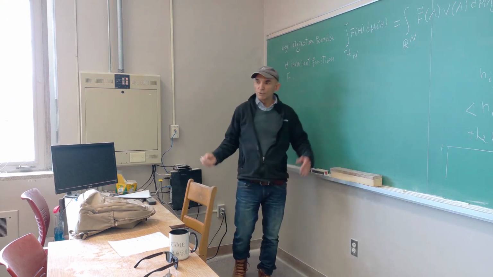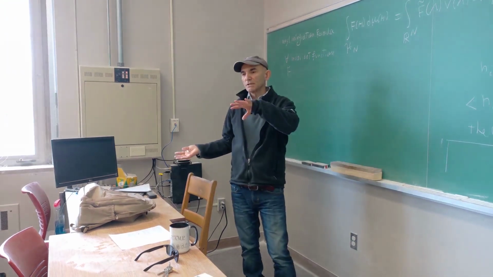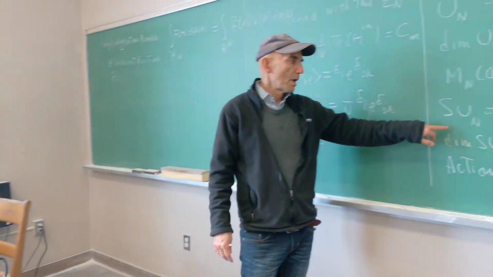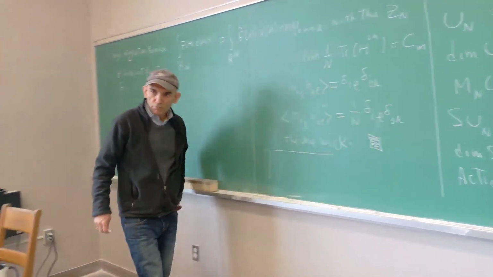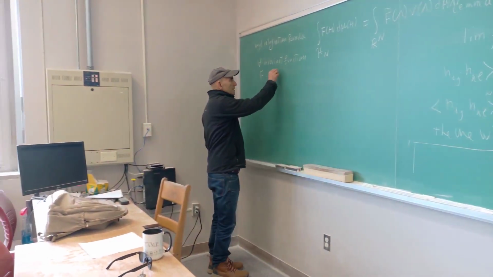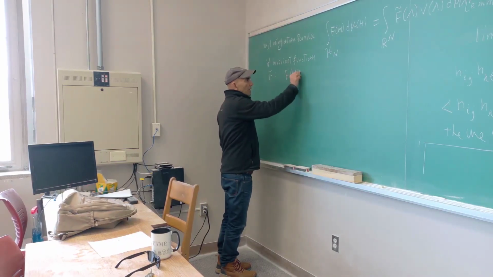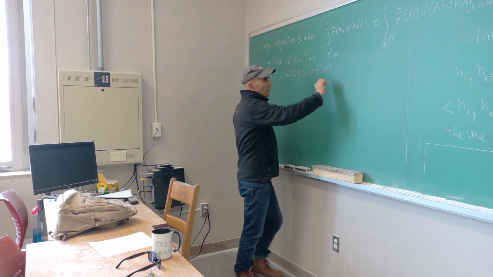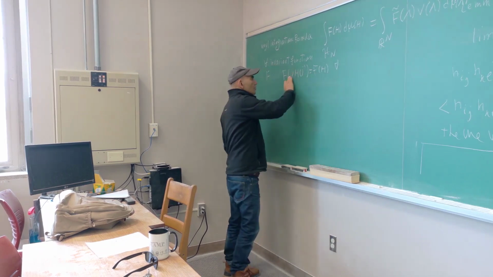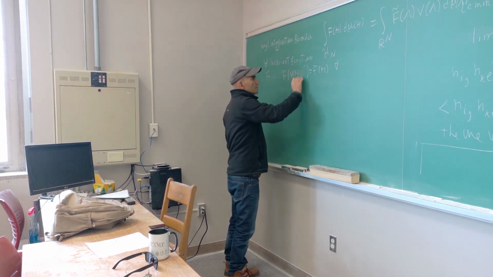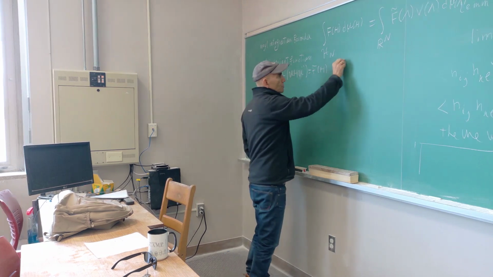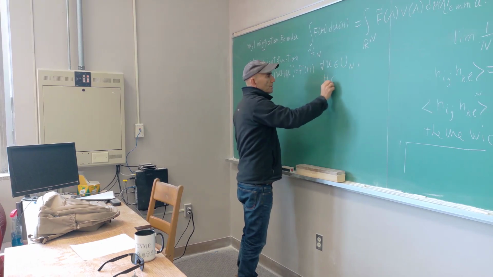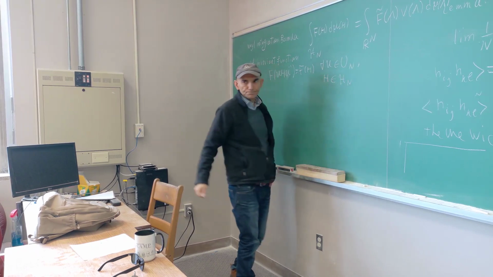What does invariant function mean? An invariant function is a function that is invariant under the action of U(n). In other words, we need the condition f of U H U inverse is equal to f of H for all U in U(n) and H in H_n.